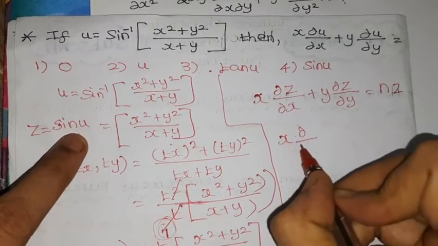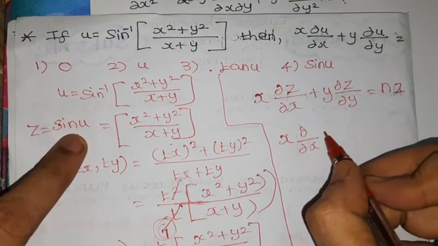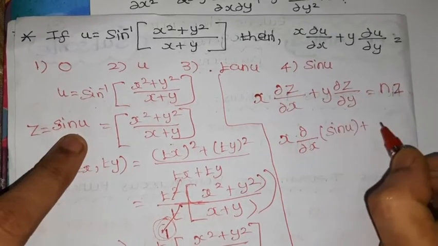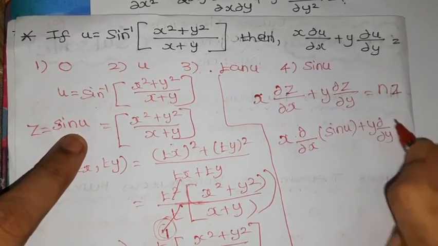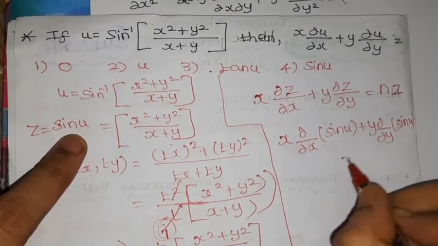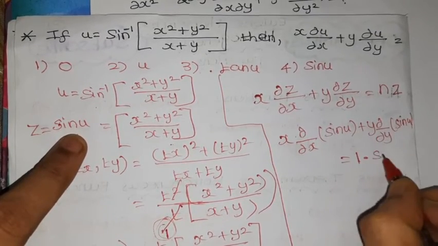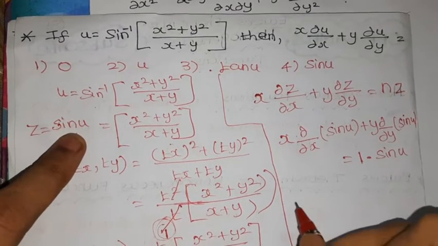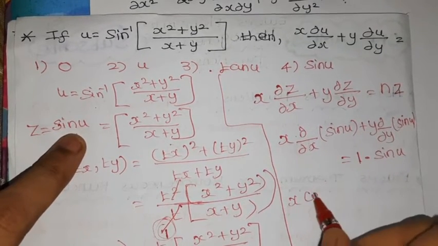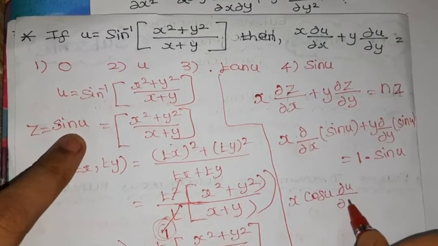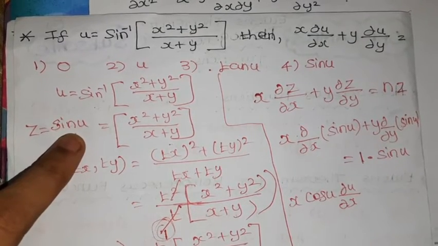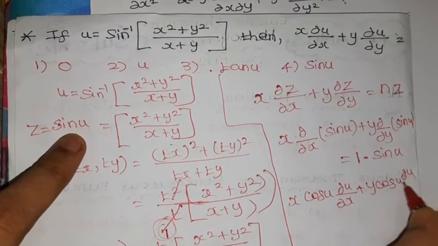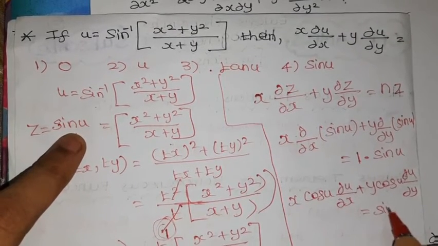So x into dou by dou x of sin u plus y into dou by dou y of sin u equal to n, which is 1, into z, equal to sin u. So when we differentiate this one, what will we get? x into, the derivative of sin u is cos u into dou u by dou x, right? It is a function of u only. Again y, differentiate: cos u into dou u by dou y equal to, on the other side, sin u.